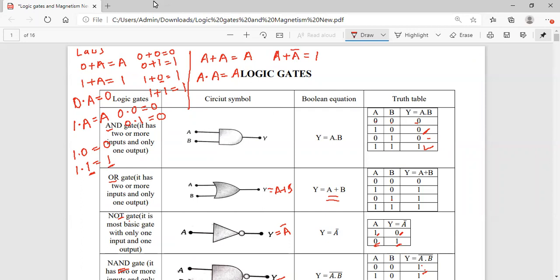If I put A equals 1, it becomes 1 plus 0 is equal to 1. That's why A plus A bar is equal to 1. Similarly, A into A bar is equal to 0: 0 into 1 is 0, and 1 into 0 is 0. So, very important rules.